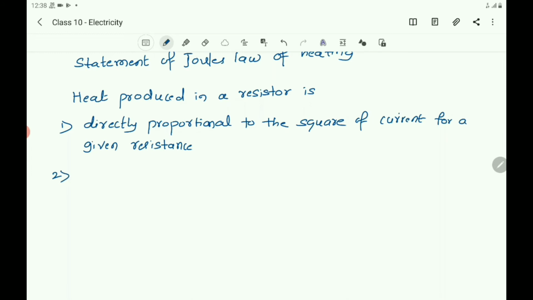And directly proportional to resistance for a given current.